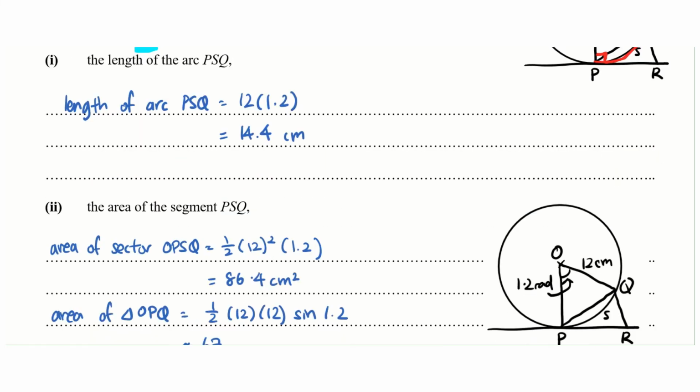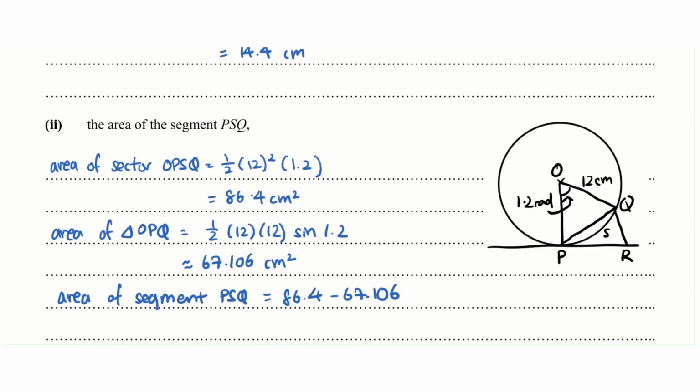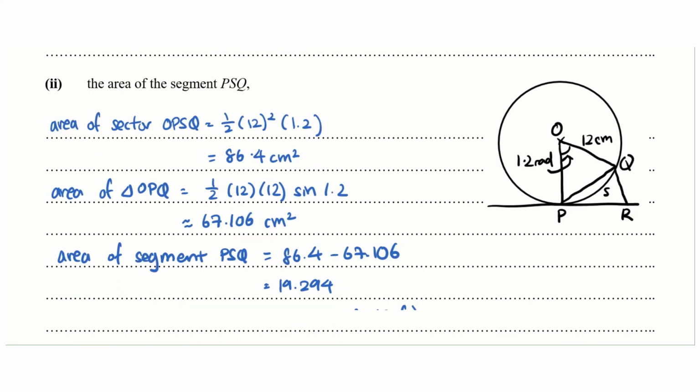Moving on to part 2, we want to find the area of the segment PSQ. You need to recognize what is considered a segment, and not confuse it with a sector. That refers to this section here. In order to find the area of this minor segment, we will need to find the area of the minor sector OPSQ and then minus away the area of triangle OPQ.